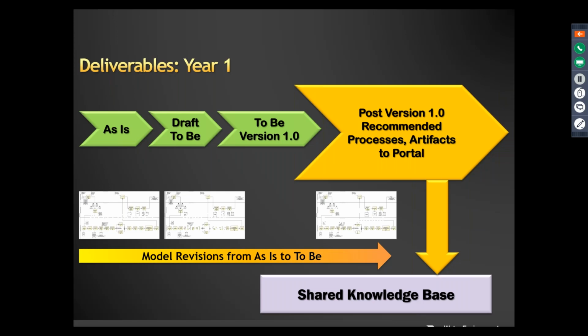That's a collaborative effort to come up with something better. And all of this information, including artifacts, guidance documents, the experiences from all the different utilities, and that documentation all goes into a shared knowledge base that's available for the industry and for those that are participating.